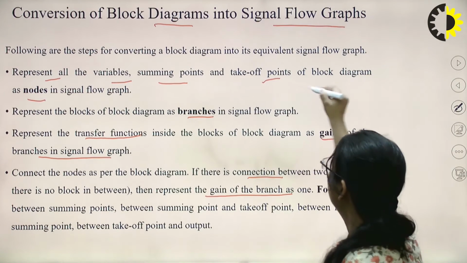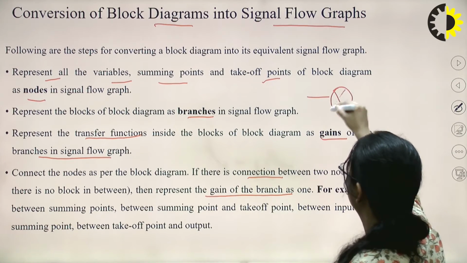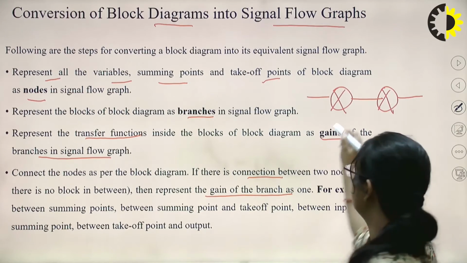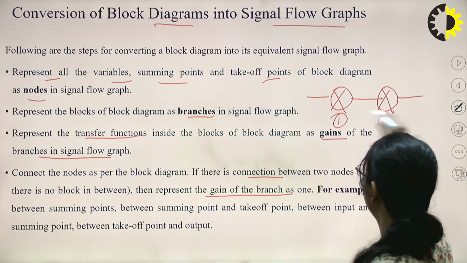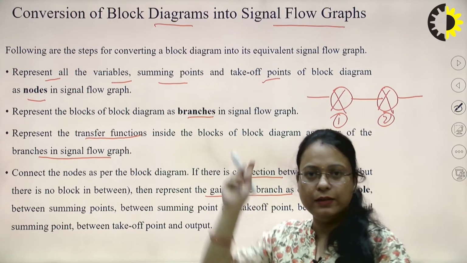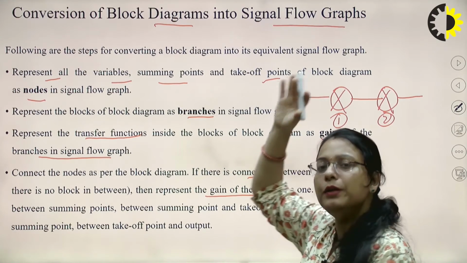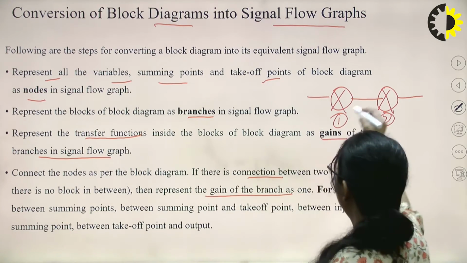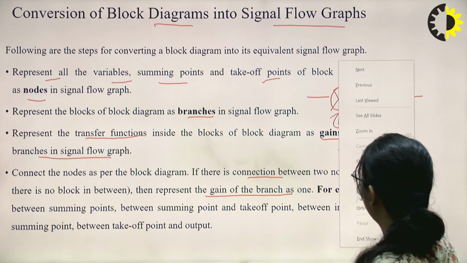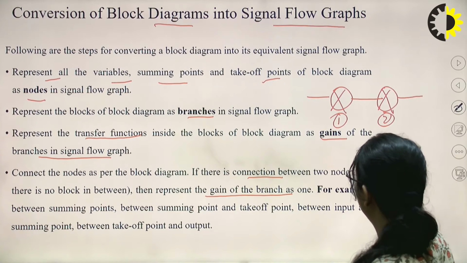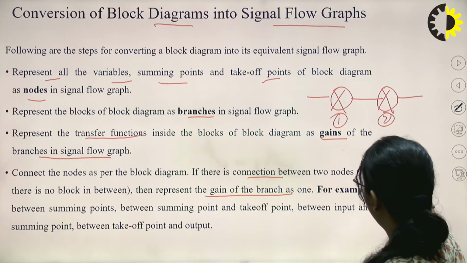For example, we have two summing points. Let's say this is summing point number 1 and this is number 2. This is for the case of the block diagram. When we convert it into the signal flow graph, we will represent these two summing points with two nodes, 1 and 2.